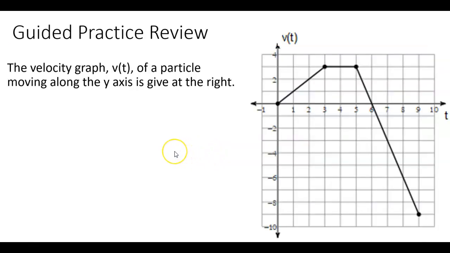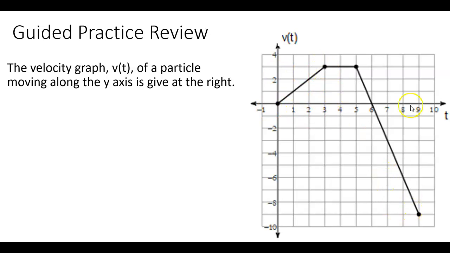So let's go ahead and review some concepts here. I've given you guys a graph over here at the right of the velocity of an object. So for instance, at t equals 3, the velocity is 3. And we don't have any units here, so I can't say meters per second or anything like that. But at time equals 3, the velocity is 3.